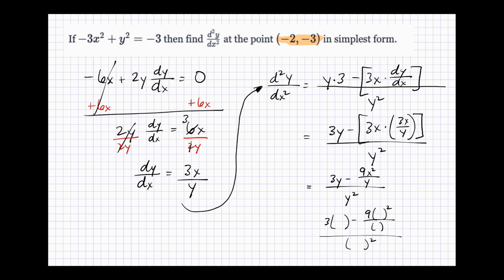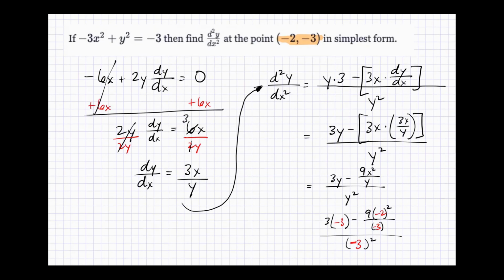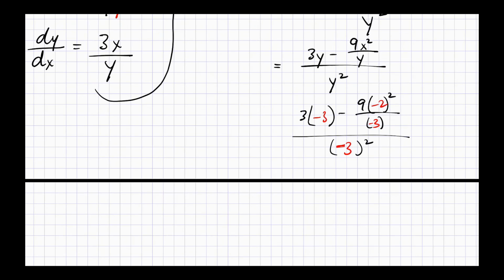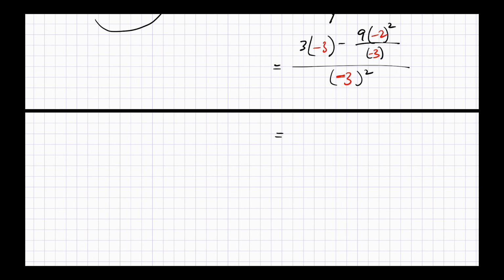Okay, so x is -2, y is -3. So I get -9 minus 36 over -3 over 9.